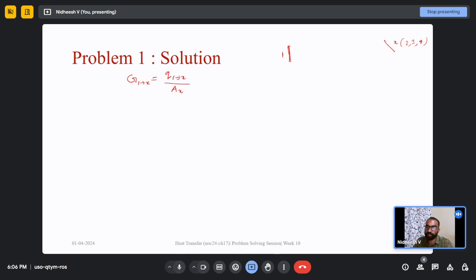This is the irradiation, the incident heat flux on surface X from the radiation due to surface 1.